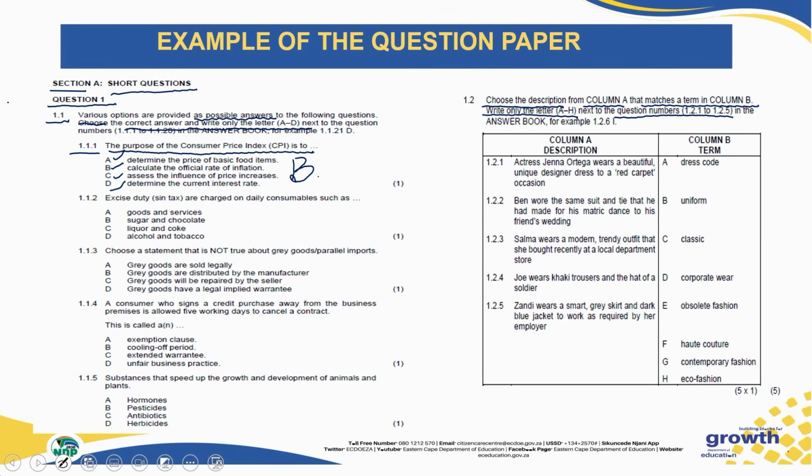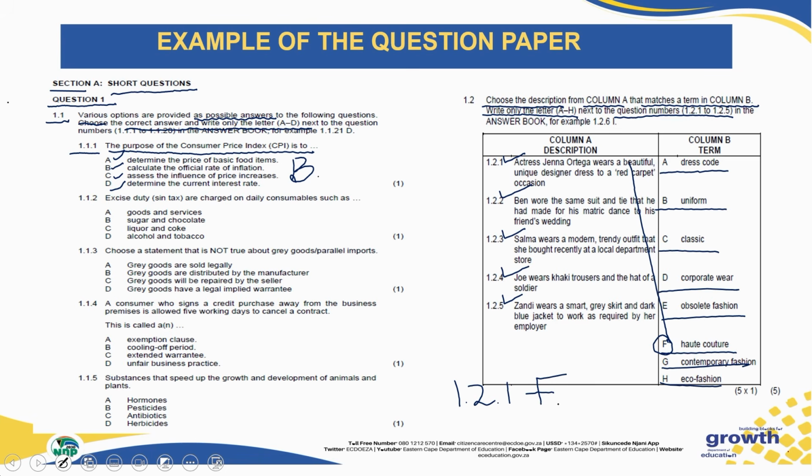For example, here, you are going to read all the descriptions from 1.2.1 to 1.2.5, and after reading the descriptions, you must familiarize yourself with all the terms that have been provided, and you have to link. For example, 1.2.1, the term there is haute couture, which is F, and you go to your answer book and write only the letter, which is F.